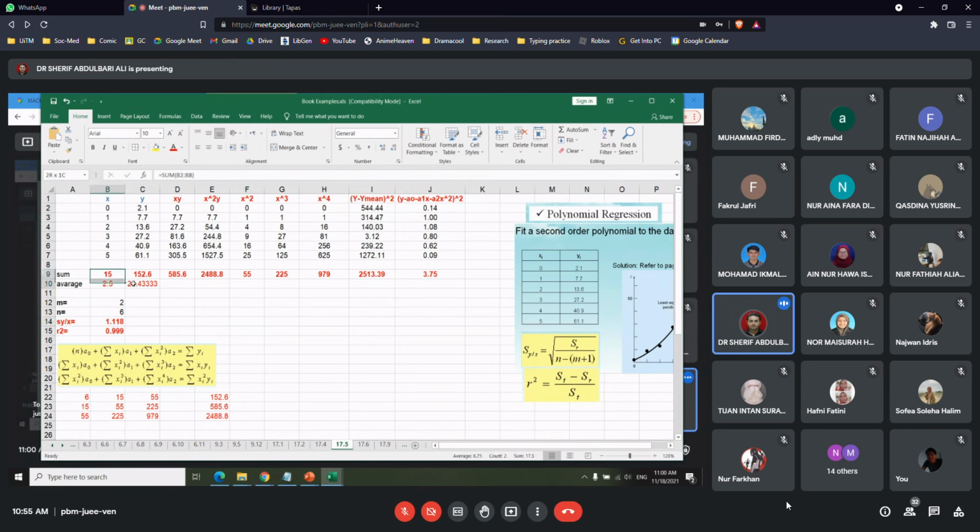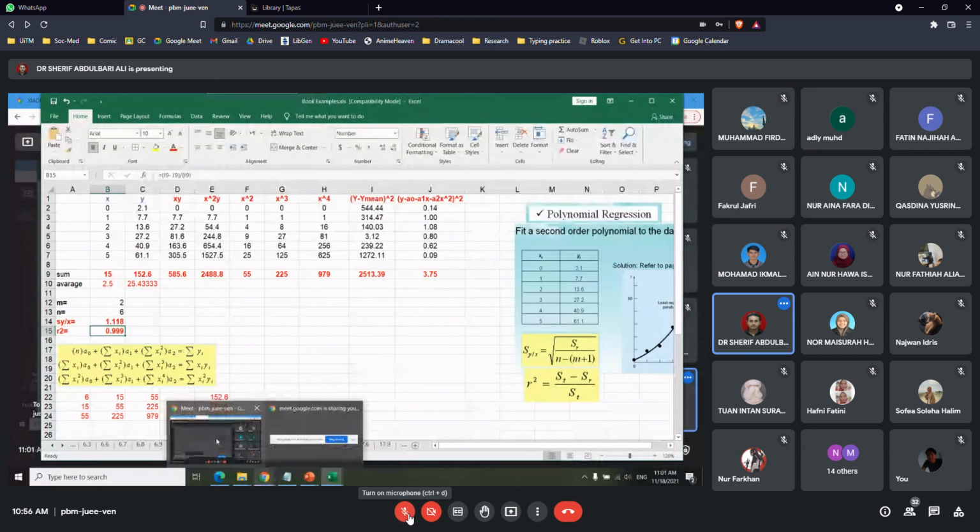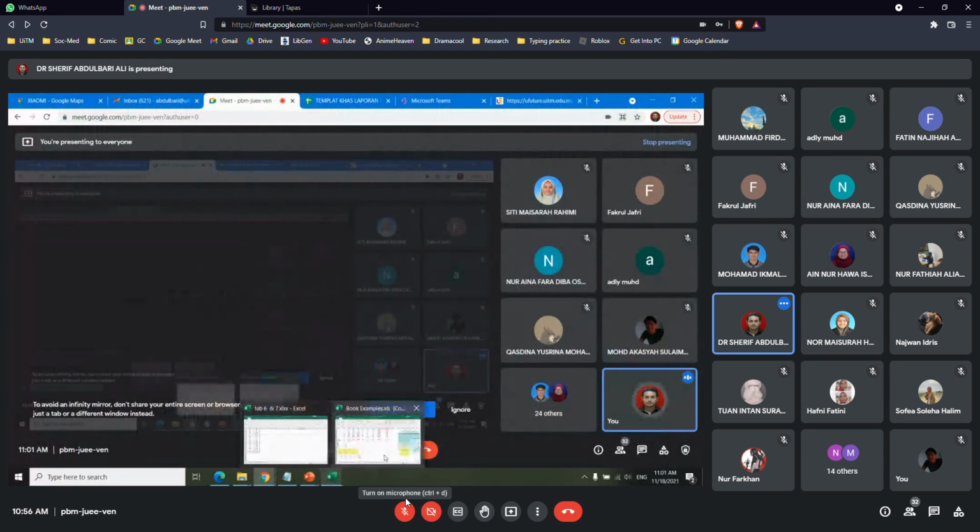Okay, anyone get the same answer for the value of the R square? Anyone can achieve?